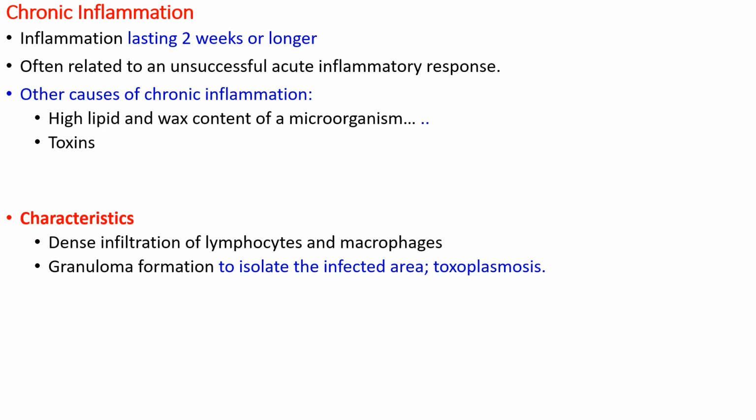So the characteristics of chronic inflammation: dense infiltration of lymphocytes and macrophages, and granuloma formation to isolate the infected area.